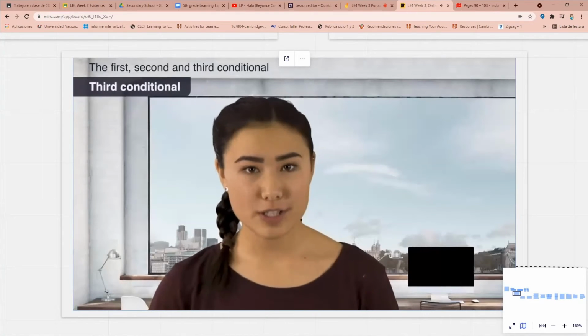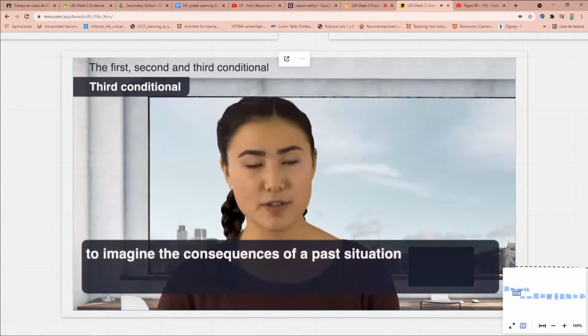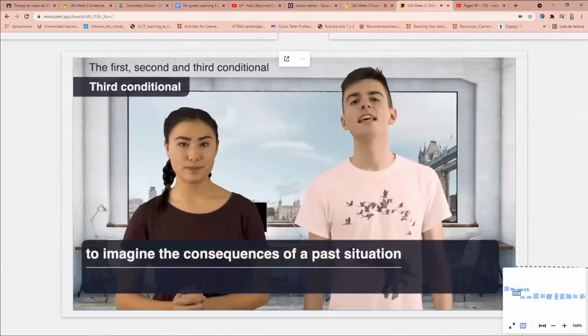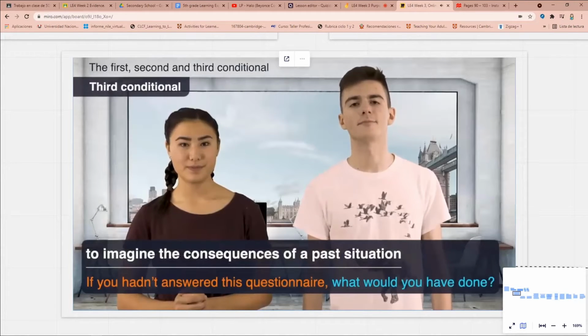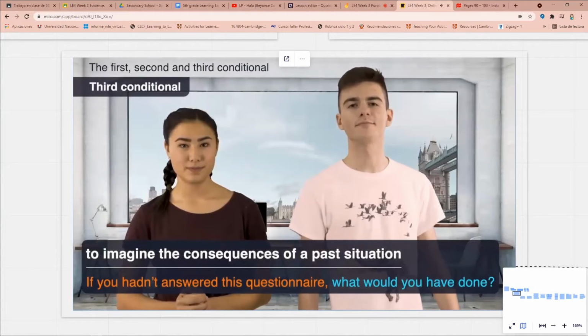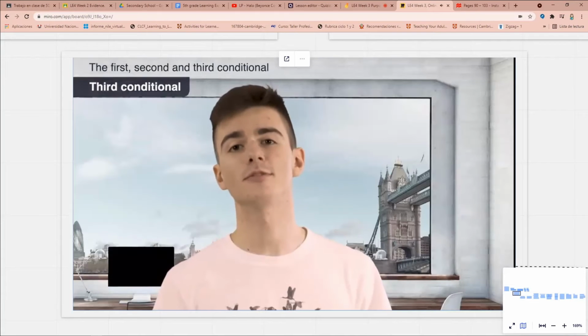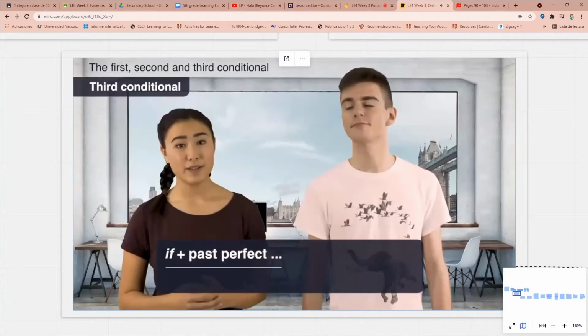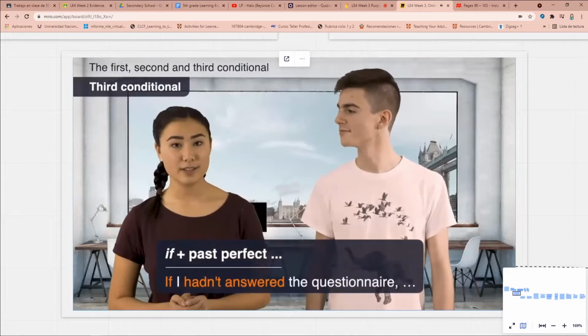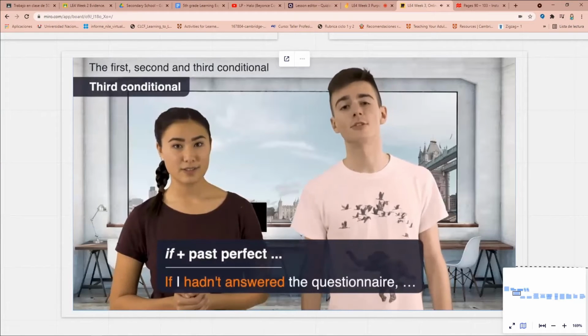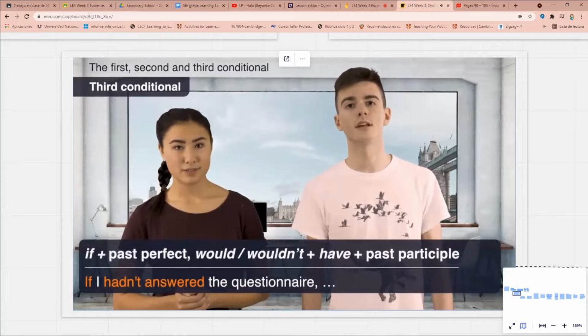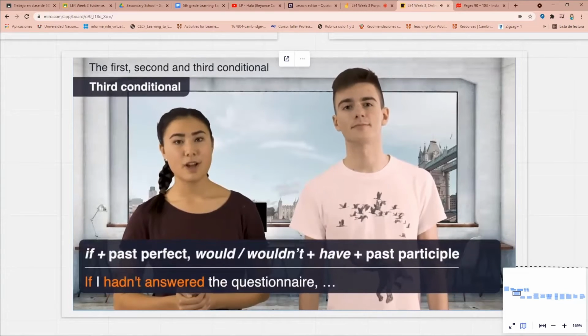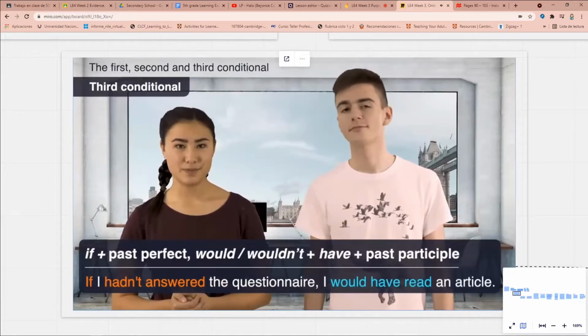We use the third conditional to imagine the consequences of a past situation. If you hadn't answered this questionnaire, what would you have done? In the situation clause, we use if plus the past perfect. If I hadn't answered the questionnaire. In the results clause, we use would or wouldn't plus have plus the past participle. I would have read an article.